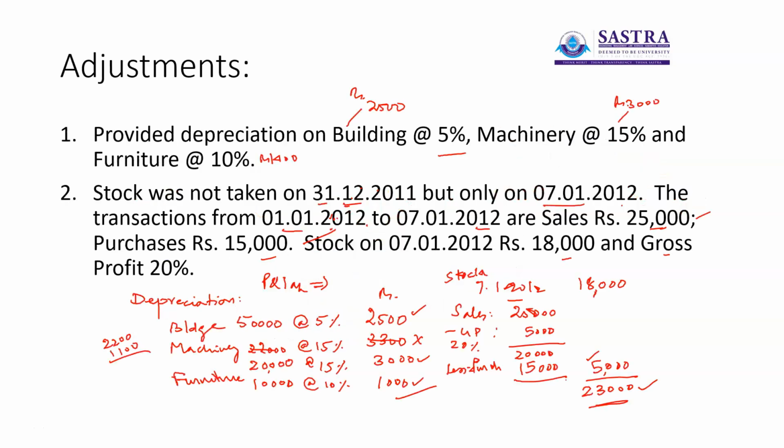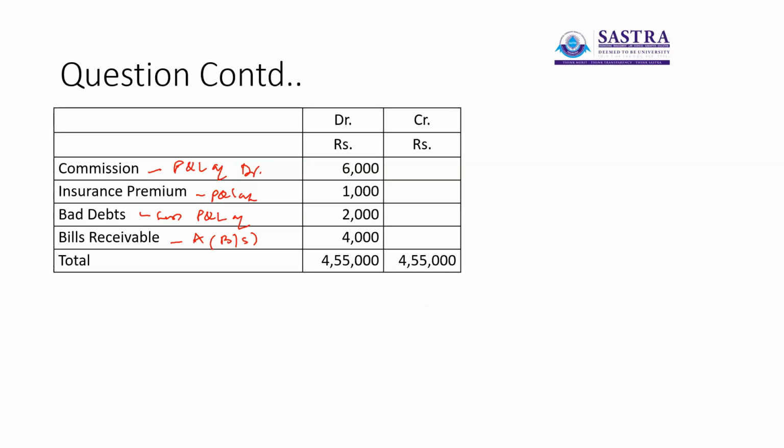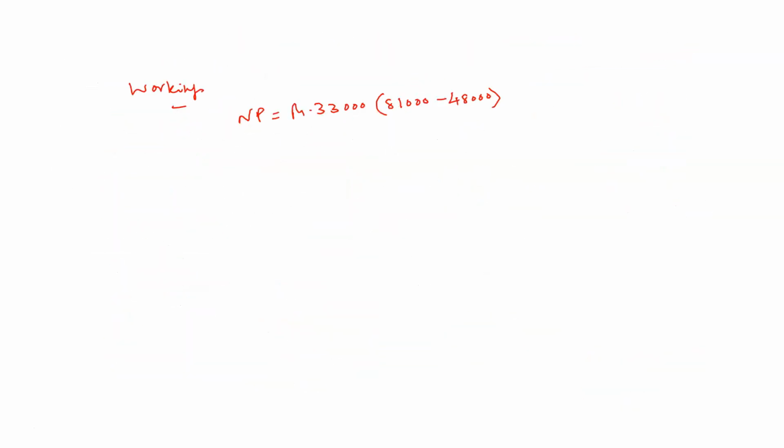So in such case, when it is given, we should presume that if 100 rupees is net profit, add 10% commission, which is nothing but 10 rupees. So 110 should be taken equal to rupees 33,000.